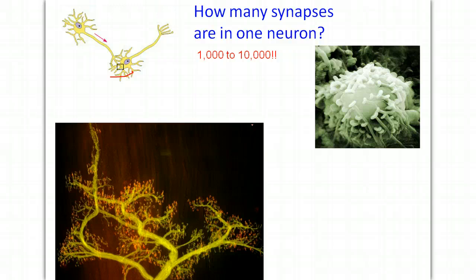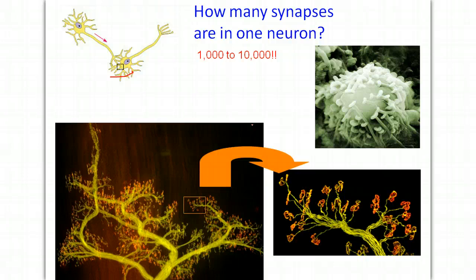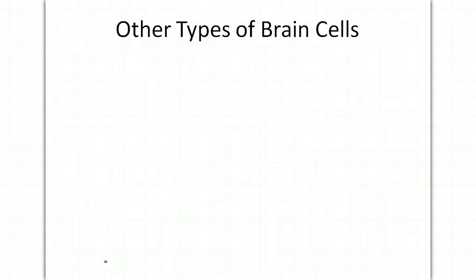Here we have one end of a neuron, and if we blow this picture up, we can actually see all the different places that they can connect. So if this neuron is receiving all these bits and pieces of information, that's what helps create our very complex behavior.